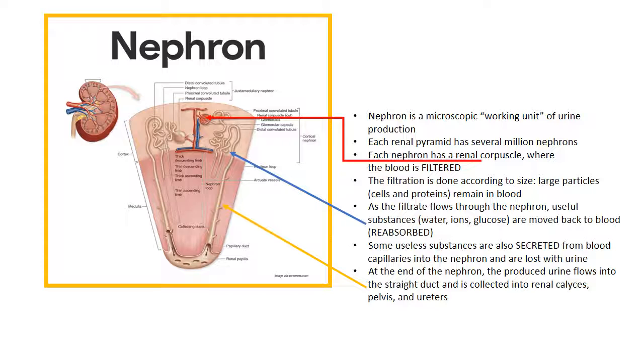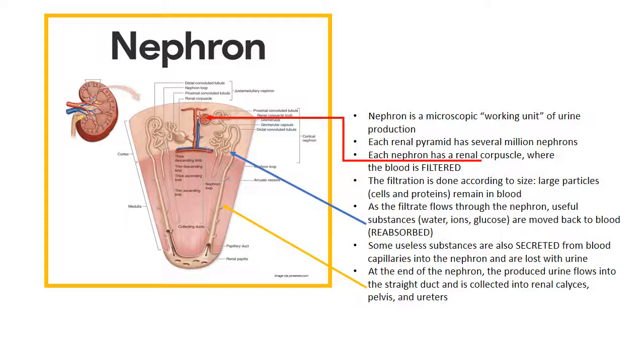Large particles, cells, and proteins remain in blood because they do not fit into these little holes in the walls of the capillaries in the renal corpuscle. The rest actually fits.